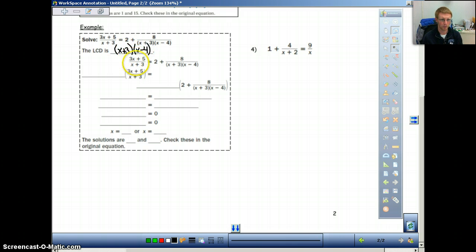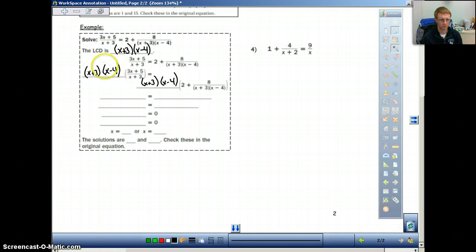So that's what we're going to multiply both the top and the bottom by. Okay, so that's what we're going to do here. We do x plus 3 and x minus 4. We do x plus 3 and x minus 4.